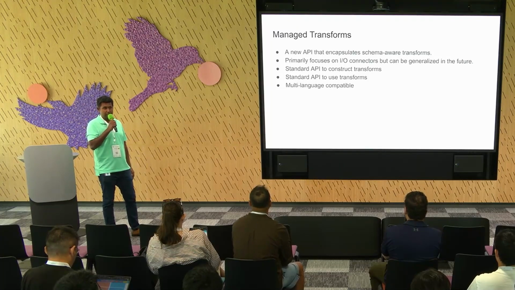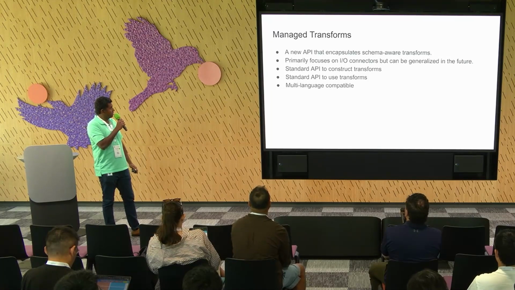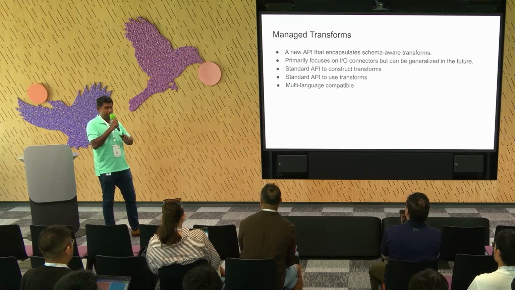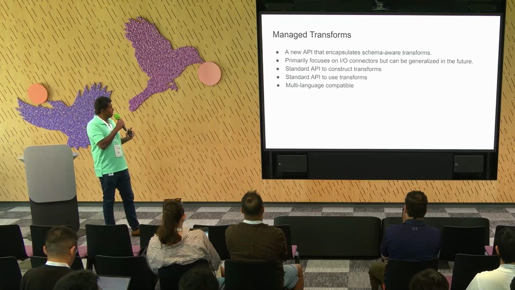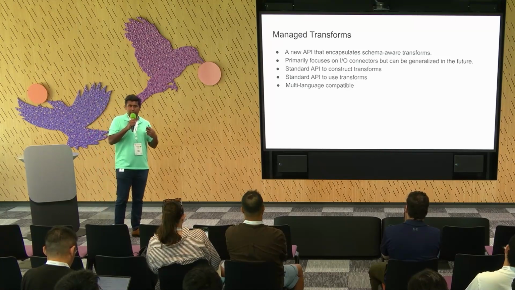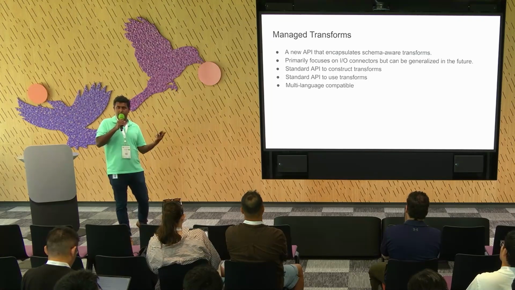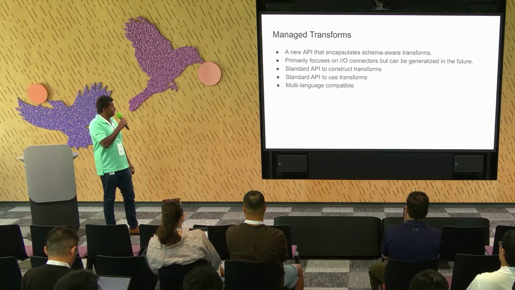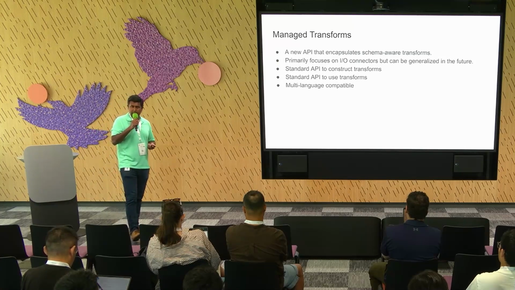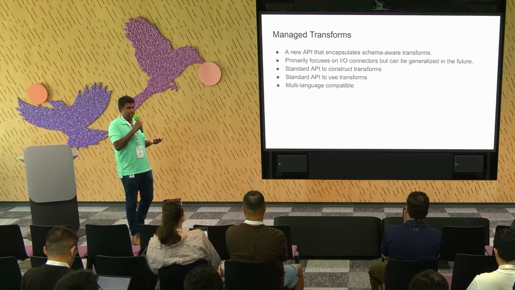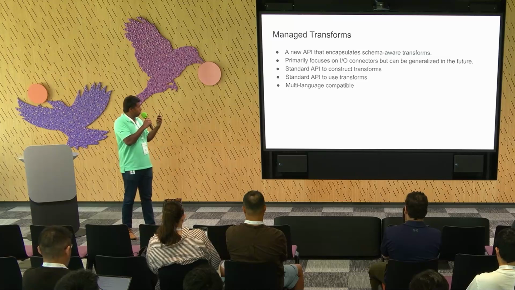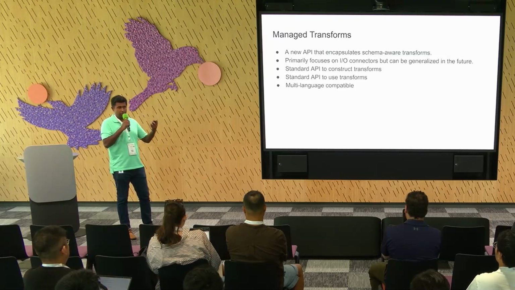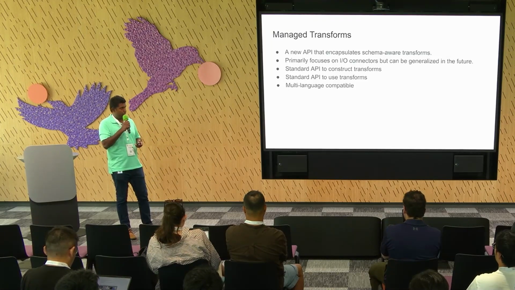Since this is built on schema-aware transforms, the way you construct different transforms is pretty standard. Also, they offer a standard API to use them because they produce the same input-output types. Managed transforms are multi-language compatible. They are currently primarily implemented in Java, but you can use them from Python via the multi-language framework.